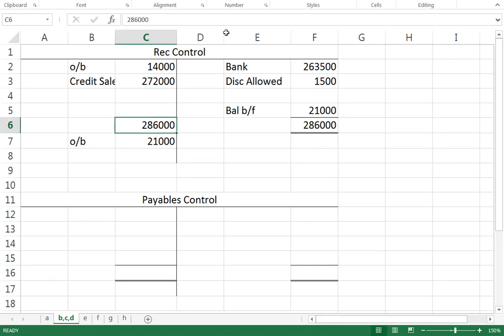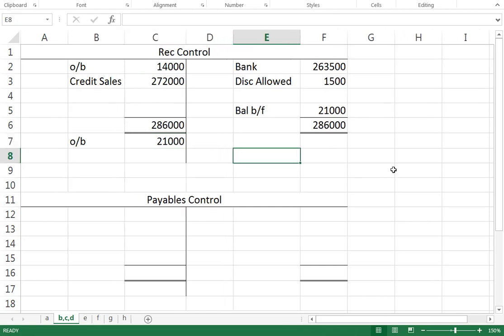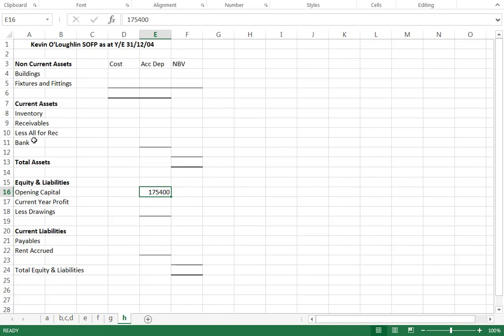Isn't that right? So I'm just going to total those there for a second, just make sure that I have that right. 286, yes. So 272 is the credit sales figure. So that's my receivables control. So on my receivables control, I know that my balance at the end of the year is going to be 21,000. So again, I'm just going to pop off, and I'm going to put that into my receivables as 21,000. Okay.